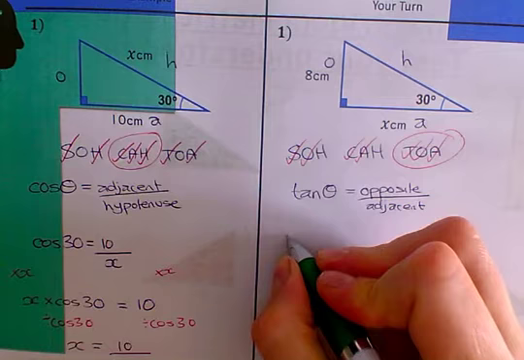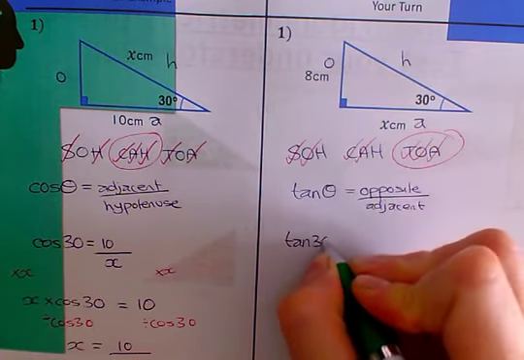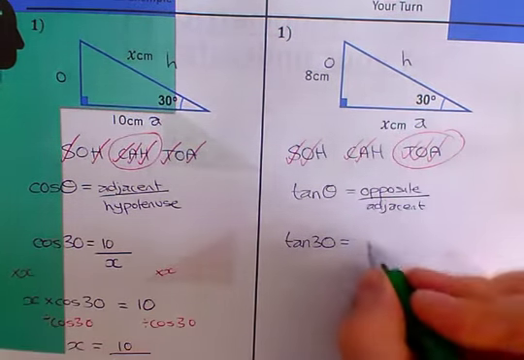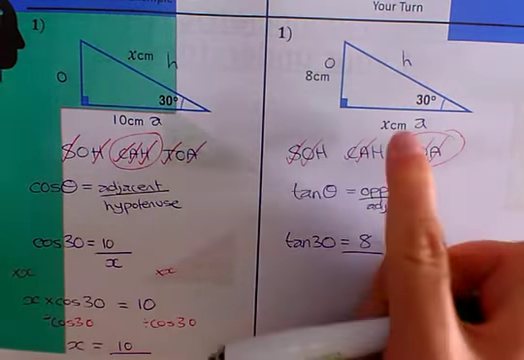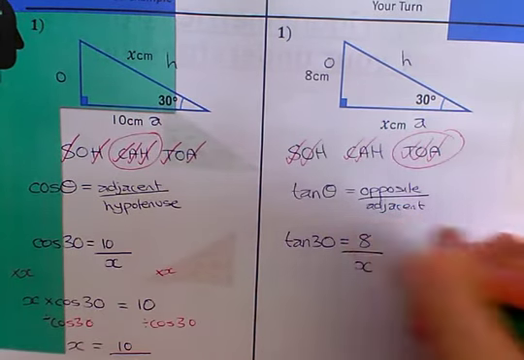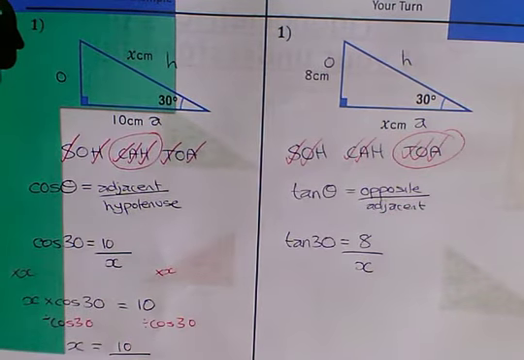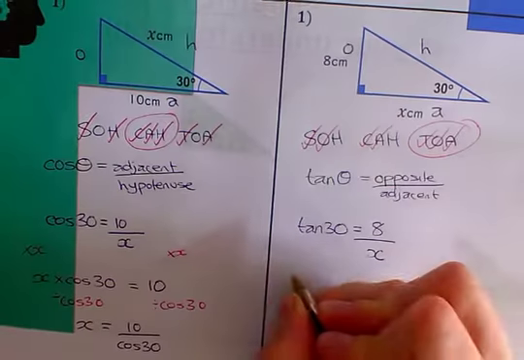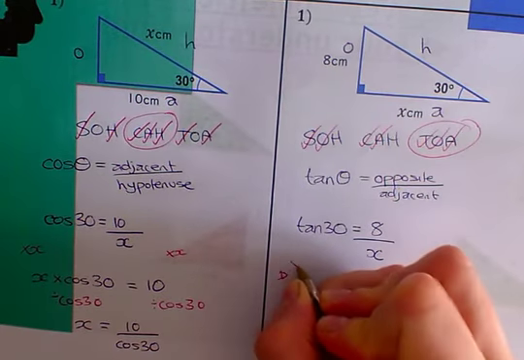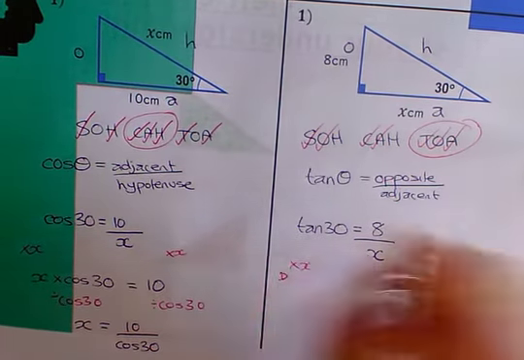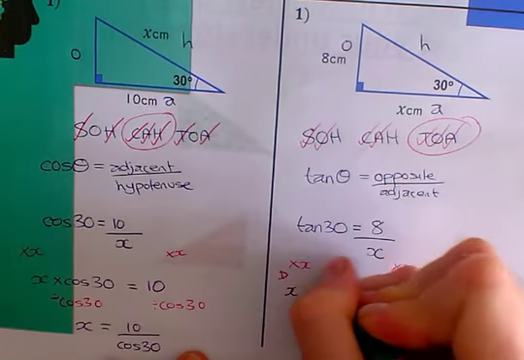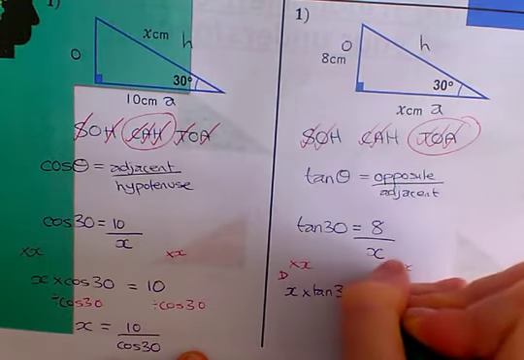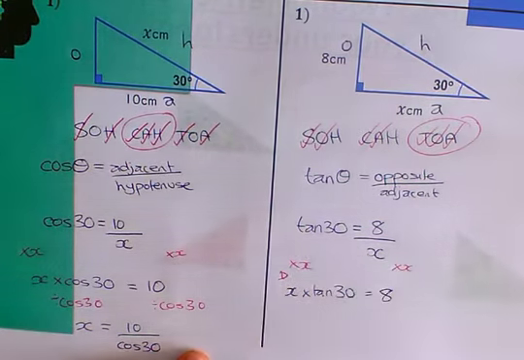So the angle is 30, so tan of 30 is equal to, the opposite is 8, and that is divided by the adjacent, which is x. So again, I need to eliminate x from the denominator. So if we times throughout by x, then you would get x times tan 30 is equal to 8.